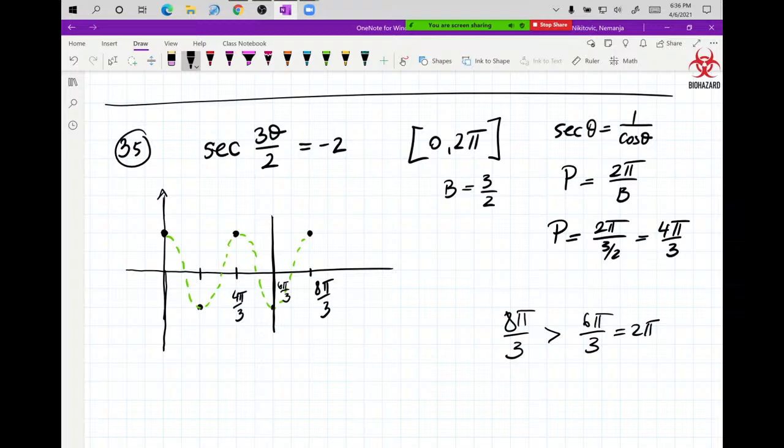So now I have my cosine, and what we learned in chapter 4 is that for secants and cosecants, anytime sine and cosine hit the x-axis, you get a vertical asymptote there. So we have a vertical asymptote here, another vertical asymptote here, and finally another asymptote there. And now just flip these outside.